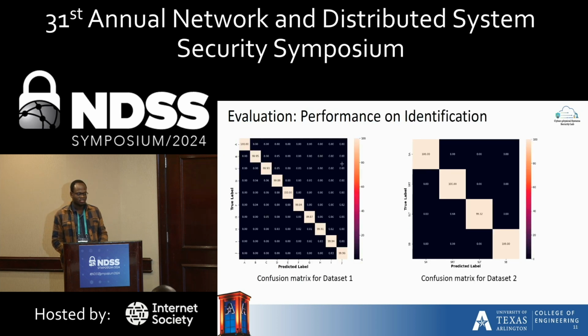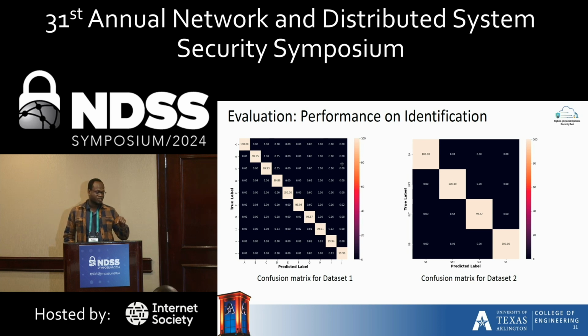And this is a confusion matrix for both of these data sets. We could see for data set 1 and for data set 2 that AutoWatch was able to really classify these different driving behaviors successfully for most of the data points.